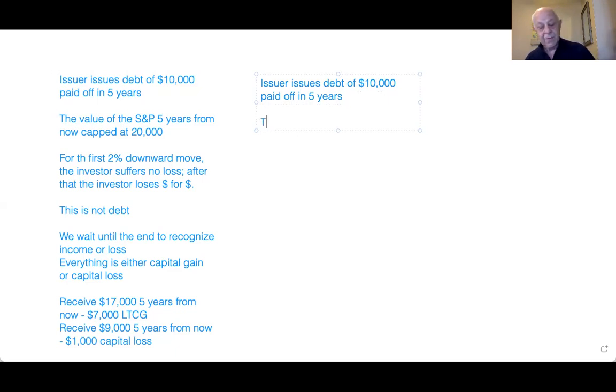It's going to be the value of the S&P 500, capped at 20,000. By the way, that cap is really high, so it probably wouldn't be that in real life. But the minimum you're going to get, you're always going to get back your $10,000.